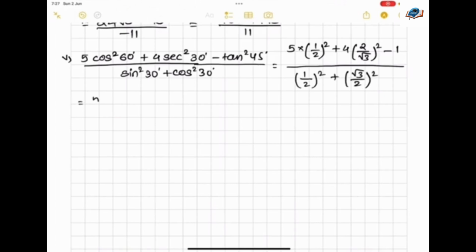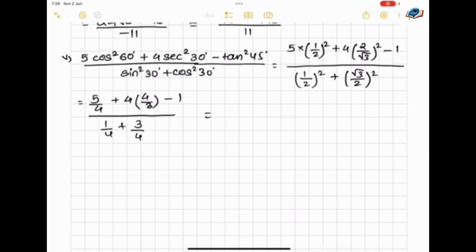So this will come as pi by 4 plus 4 fours are 16, 16 upon 3. Or I can write 4 into 4 by 3 minus 1 upon 1 by 4 plus 3 by 4. Pi upon 4 plus 16 by 3 minus 1 whole upon 4 by 4, so that is 1.